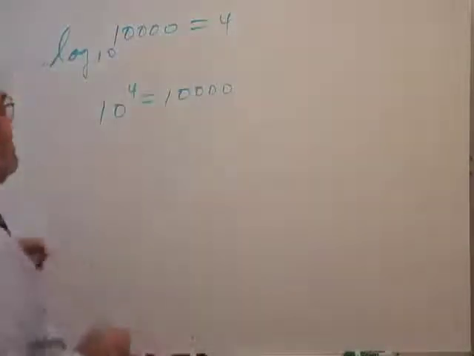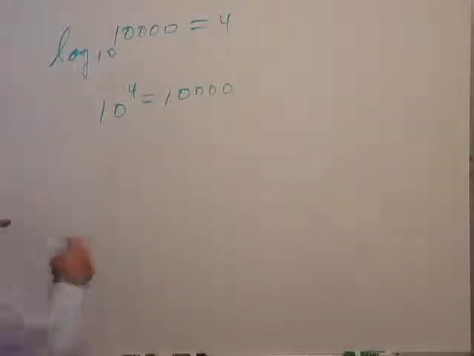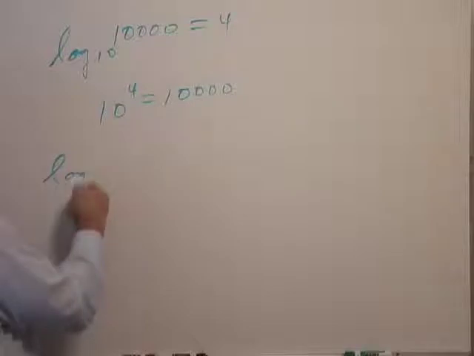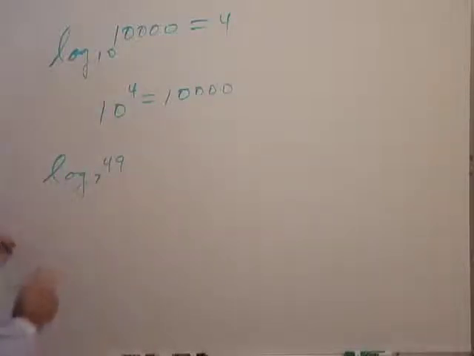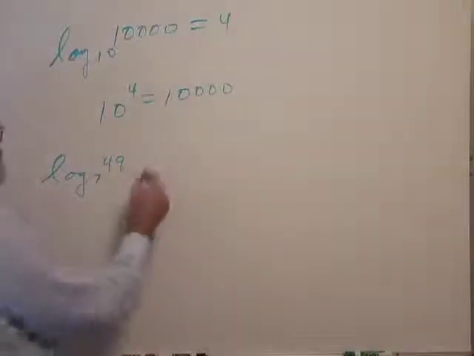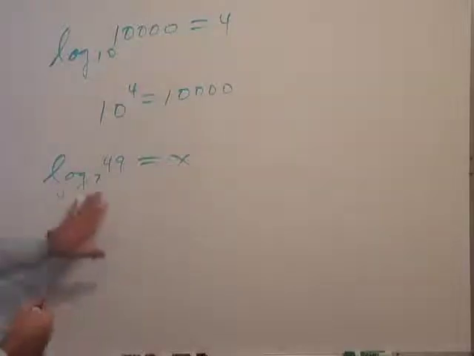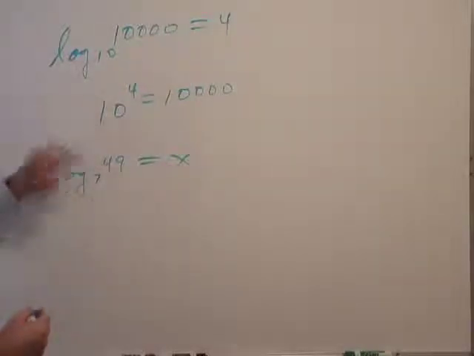And some we can calculate that are kind of on the friendly side. So let me give you an example of this. What is the log of 49 base 7 equal to? Well, let me call that x, and I'm going to change this to the exponential form.